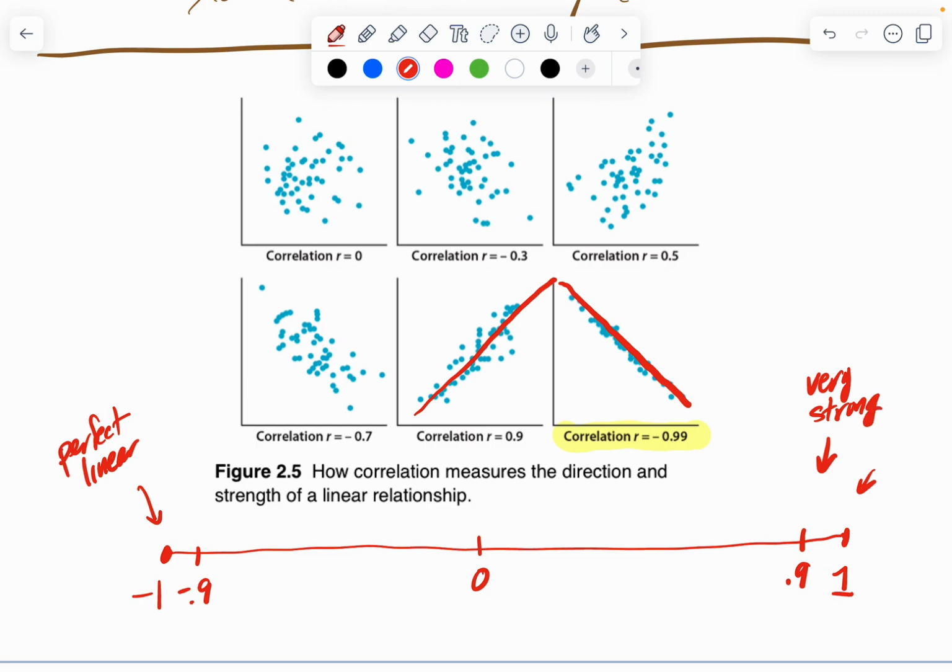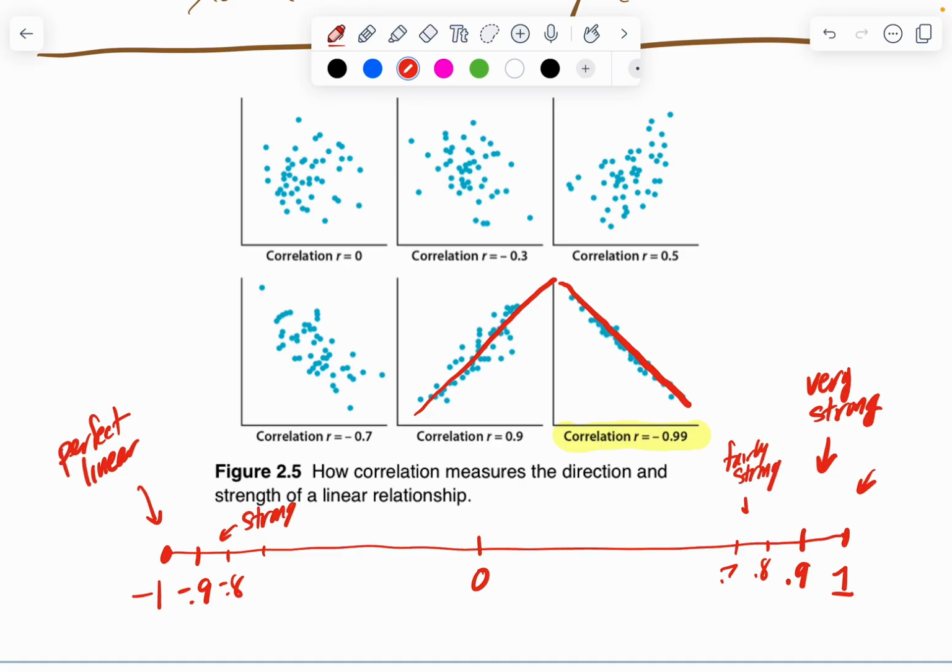Once you get down to correlations of +0.8 or -0.8, those are just strong linear associations. Then -0.7, +0.7, anything in the 0.7s, I'm basically going to call fairly strong in their linear relationship.